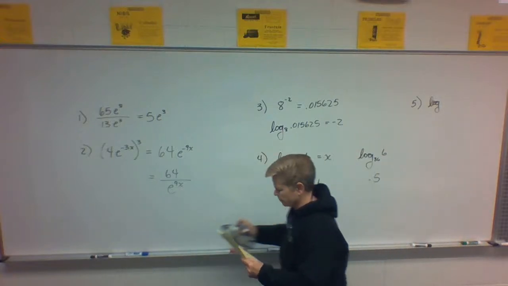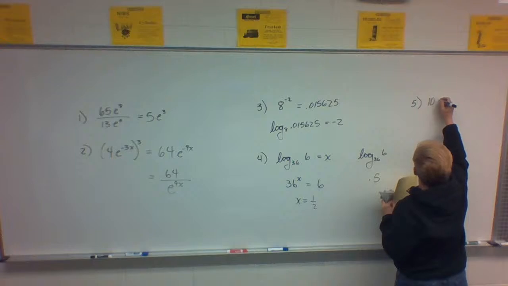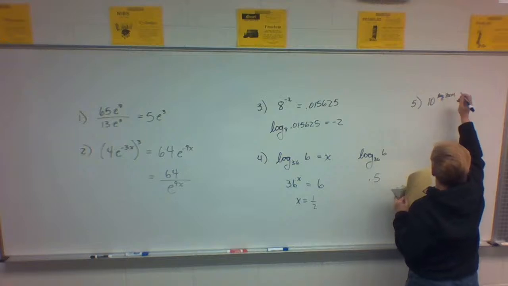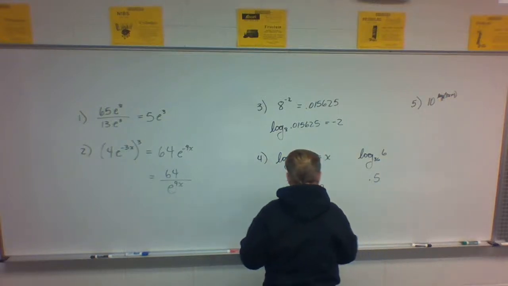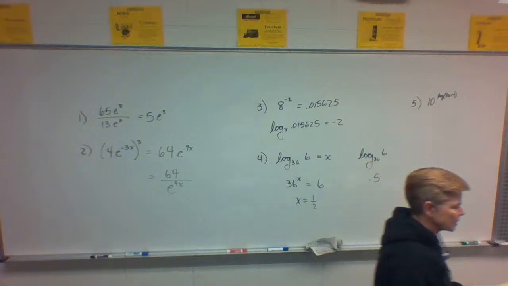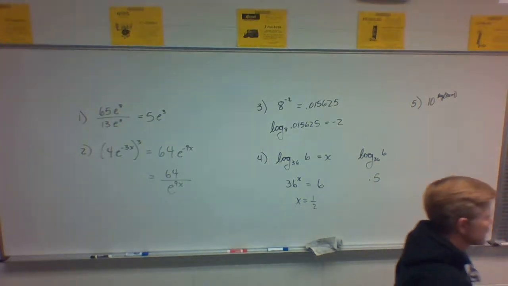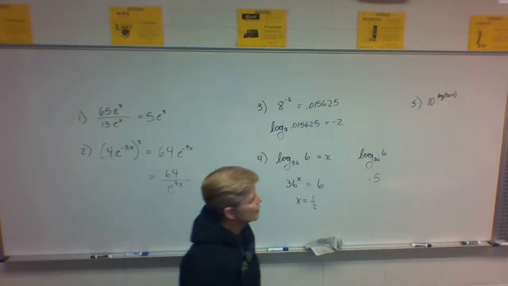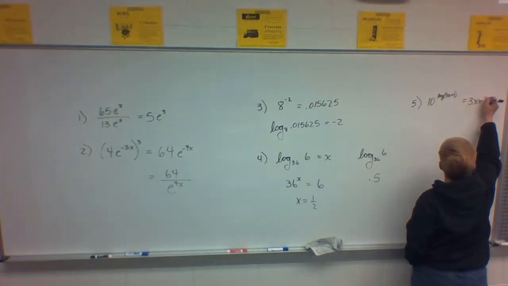Don't write that down. 10 raised to the log of 3x plus 1. Just to simplify that. Anybody know the answer to that? The answer to that is 3x plus 1.